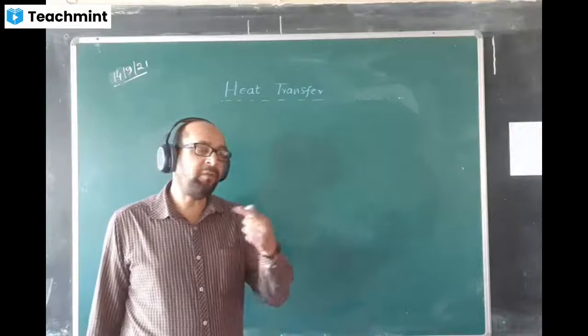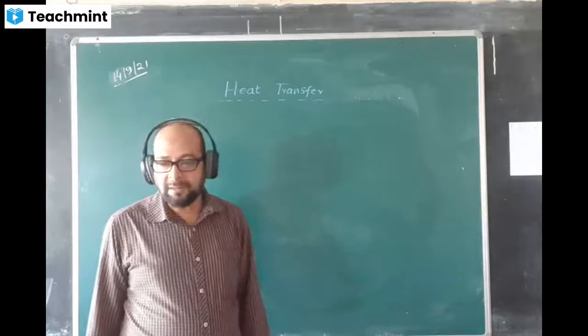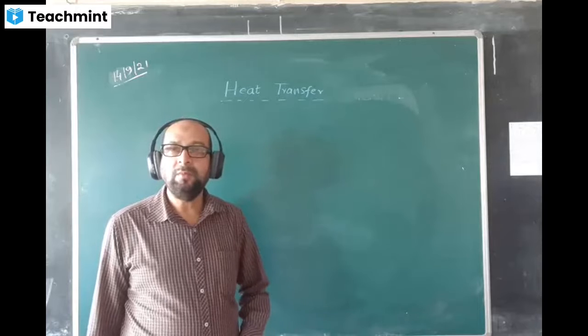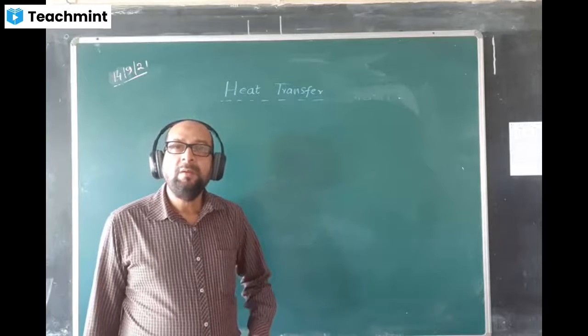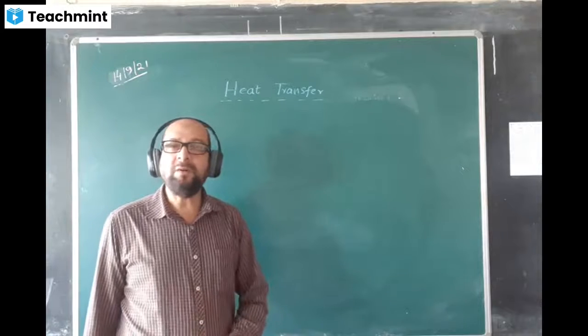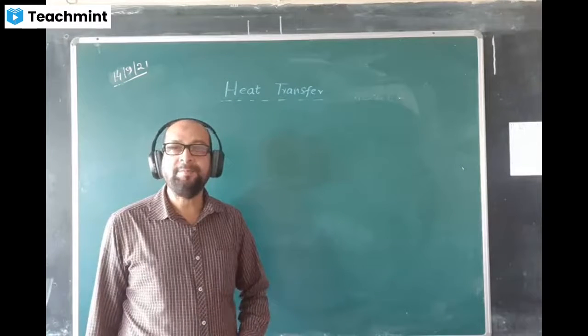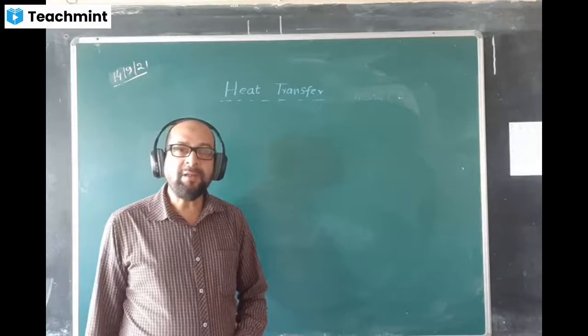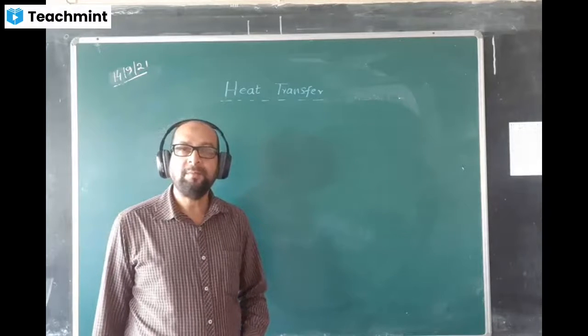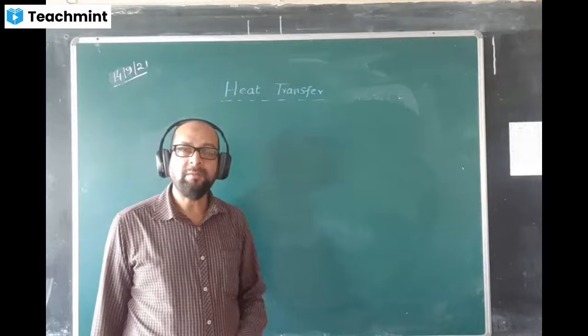Sometimes it takes place in the form of area, and it may even take place in the form of volume. A substance expanding on heat, what is it called? Thermal expansion. And on cooling, when it contracts, we call it thermal contraction.